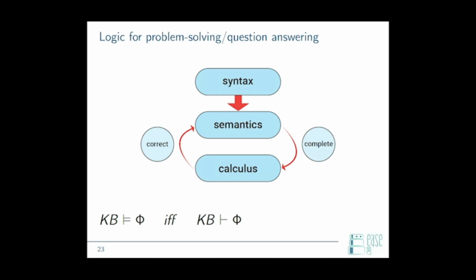That's the correctness of the symbol manipulation. The other thing is that we also want our symbol manipulation mechanism to be complete. That means that every symbolic expression that is true can also be derived from the symbolic expressions. And that's a very, very important relationship between the two of them.